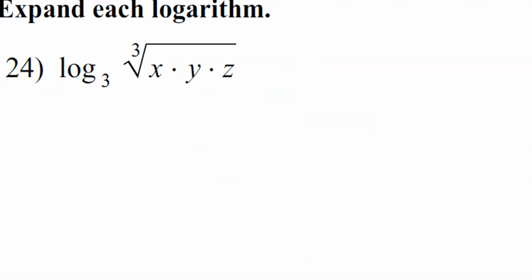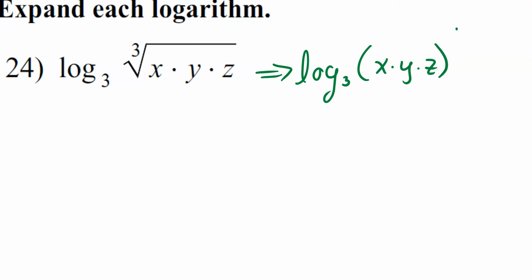24, we have a cube root. So I want you to remember that for a cube root, I'm going to rewrite the original problem with an exponent. So I'm going to go x times y times z to the power of 1/3. So remember that the index can be written in the denominator of the exponent.